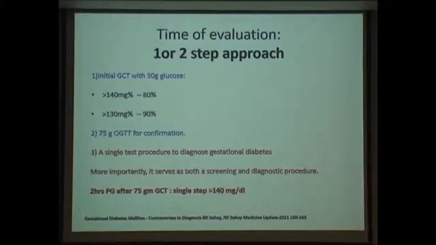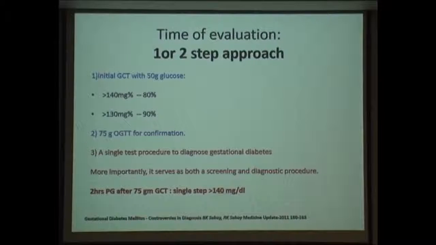And there have been a lot of studies which show that any blood glucose in a pregnant lady between 120 to 130 is bad enough to cause problems in the fetus eventually. So for all practical purposes, any blood glucose above 120 should raise an antenna in terms of the possibility of gestational diabetes.